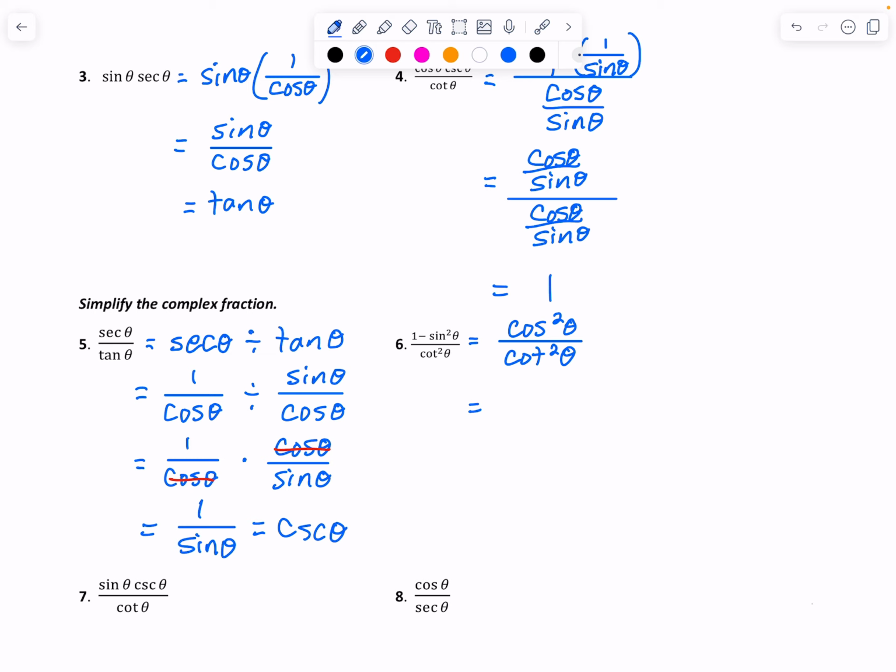I'm going to go ahead and divide those. Cosine squared theta divided by, and I'm going to write cotangent as cosine theta squared over sine squared theta. This is going to be cosine squared theta over 1. And then I'm going to flip that fraction.